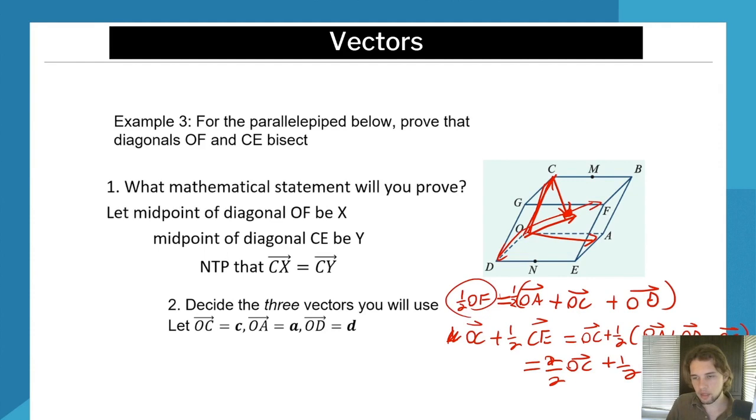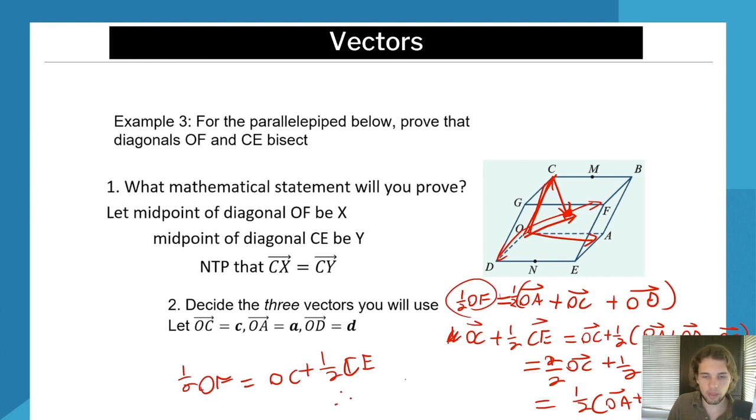And then we can give ourselves an opportunity to move this OC into the brackets, and that will culminate in half OA plus OD plus OC. And that's the point we end up with. So then we've proven half of OF is equal to OC plus half of CE. Therefore, they bisect.